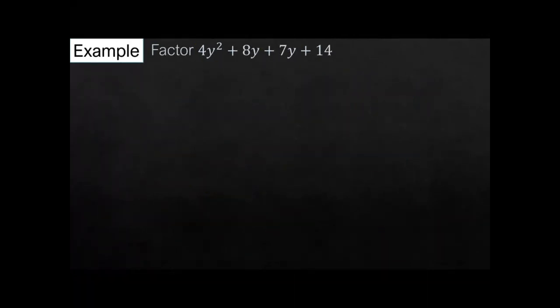All right, so here I've got 4y squared plus 8y plus 7y plus 14. This is the sort of thing that you'll often see when you're trying to factor a trinomial. So you may notice that, oh wait, the 8y and the 7y are like terms. We want to add those together.